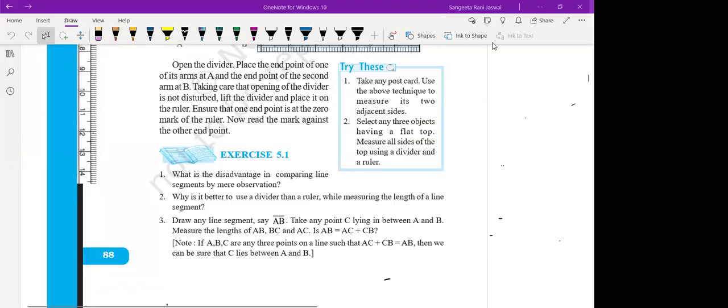Nishika? Yes, Nishika, can you tell me why we don't use a ruler? Why do we prefer a divider? Yes, Shriyansh, can you tell me?